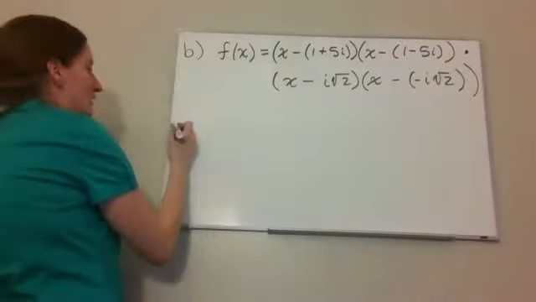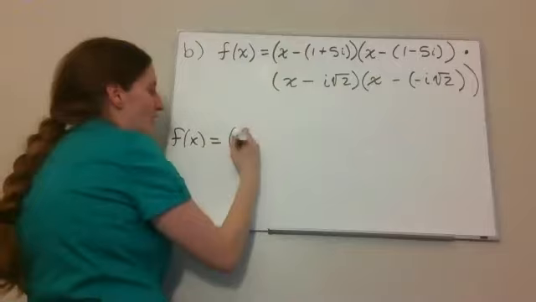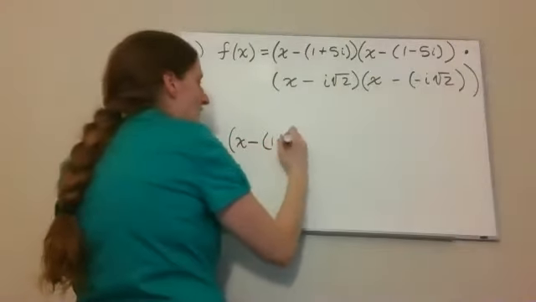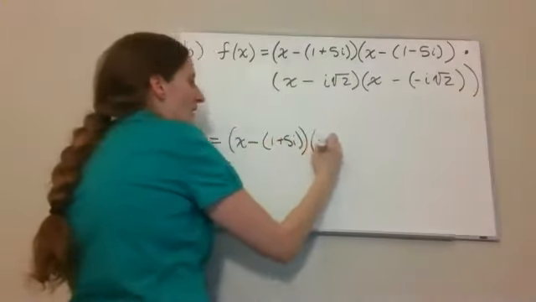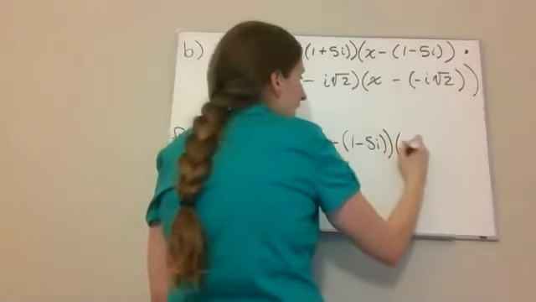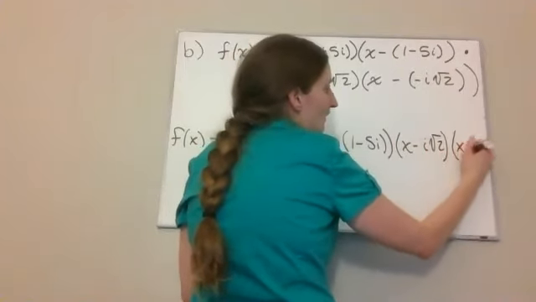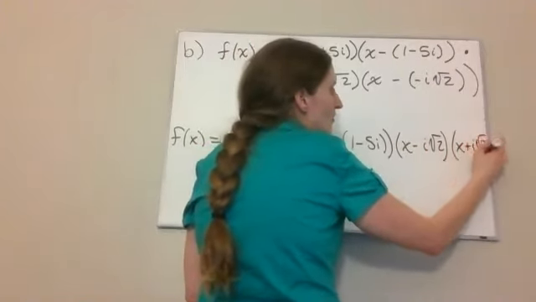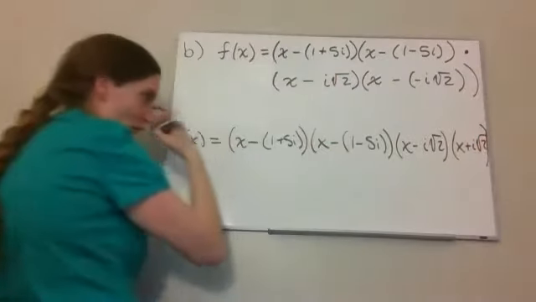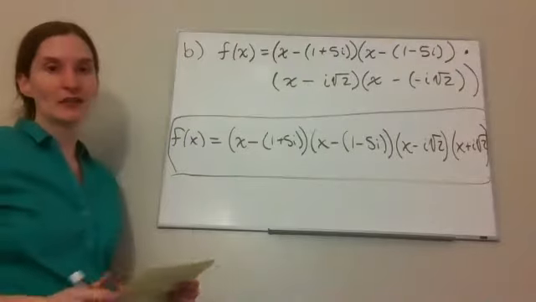So a product of linear factors is x minus (1 plus 5i), x minus (1 minus 5i), x minus i root 2, and x plus i root 2. And now it's fully factored into linear factors.